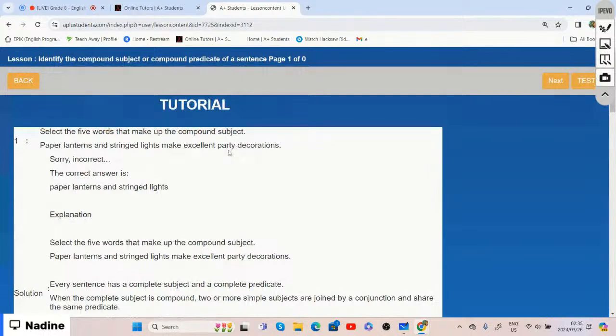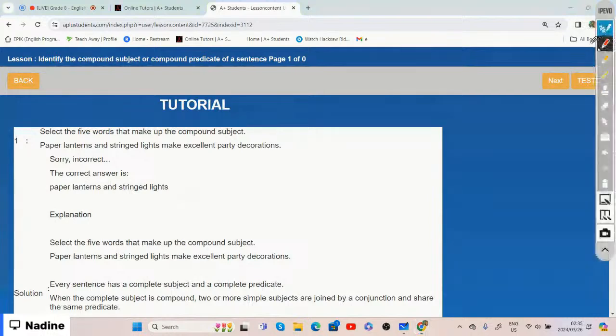It says paper lanterns and stringed lights make excellent party decorations. So we need to select the 5 words that make up the compound subject.